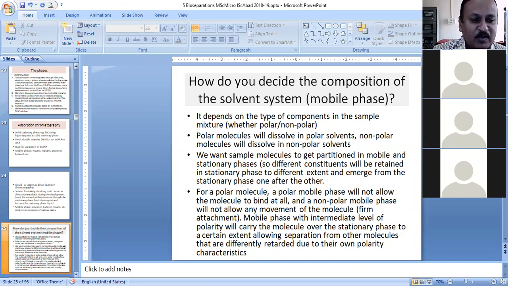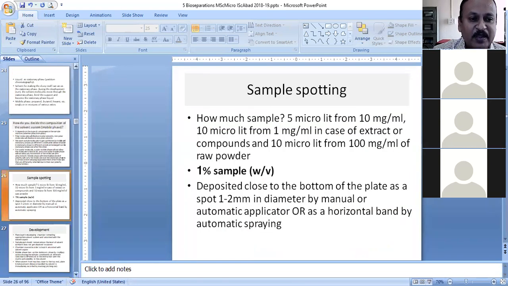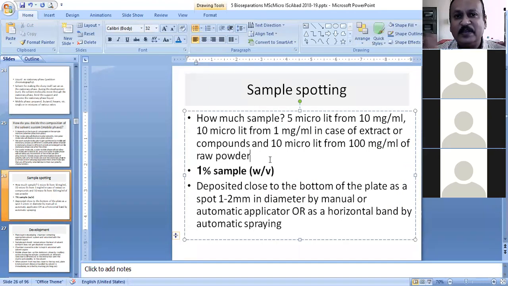So after that, I go to the next slide, and that is about the sample spotting. How much sample is to be loaded? For example, if you do not know anything about your sample mixture, then it is always best to have a 1% sample concentration. Okay, what is 1%? It is weight by volume.